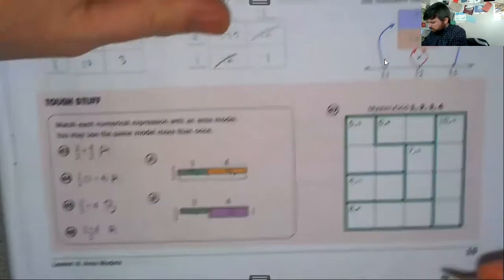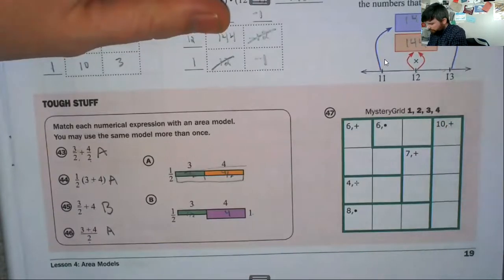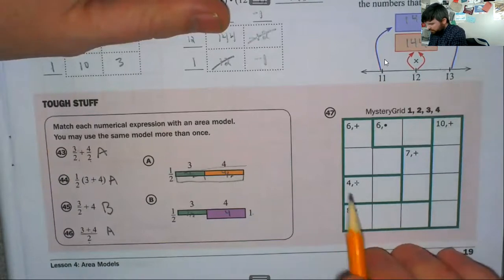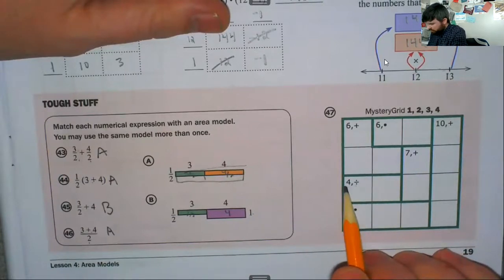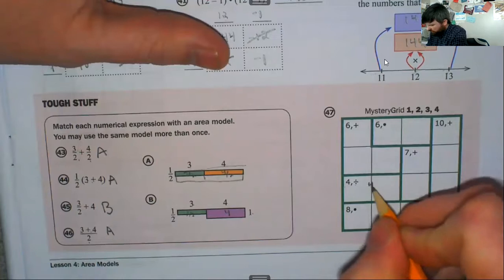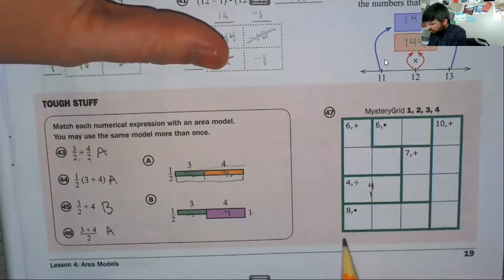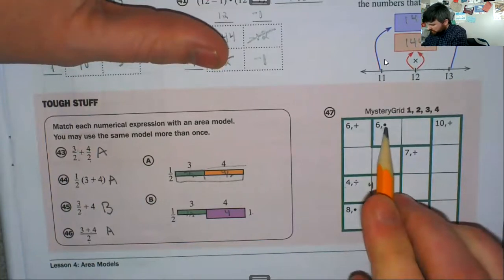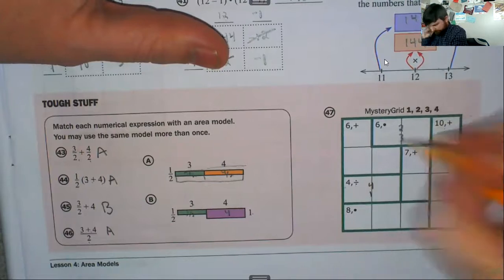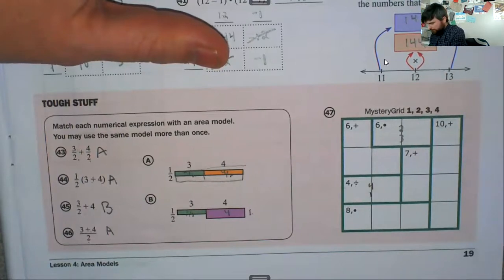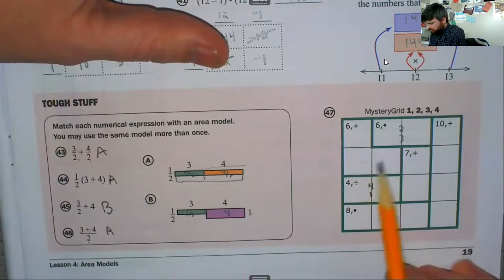Okay. Another mystery grid, 1, 2, 3, 4. Okay, division, you get 4. It'd be a 4 and a 1. 6 with multiplication, 2 and 3. 6 with addition, 3 numbers.